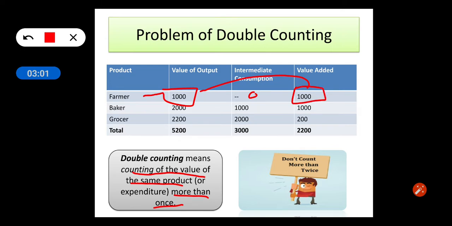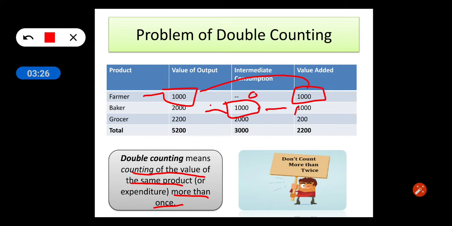Now the baker purchases rice from the farmer at rupees 1000 to make bread. So the price of rice, that's rupees 1000, is the intermediate consumption of the baker. Now the baker adds some value.